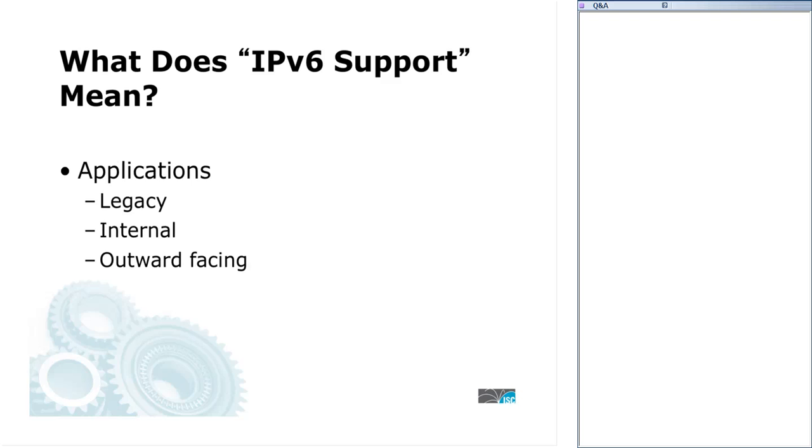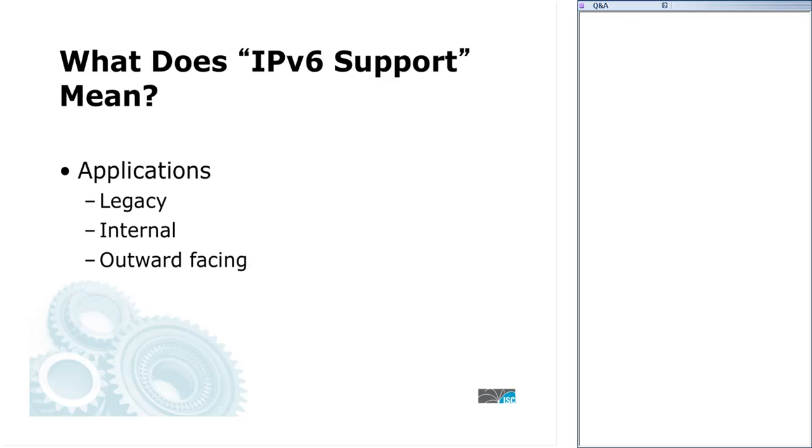For applications, you're looking at much the same set of questions, but it's even more complex and even more critical. Many legacy applications don't necessarily take full advantage of the ability to be address family independent or address family neutral, and to not care whether the transport available to the system is IPv4 or IPv6.